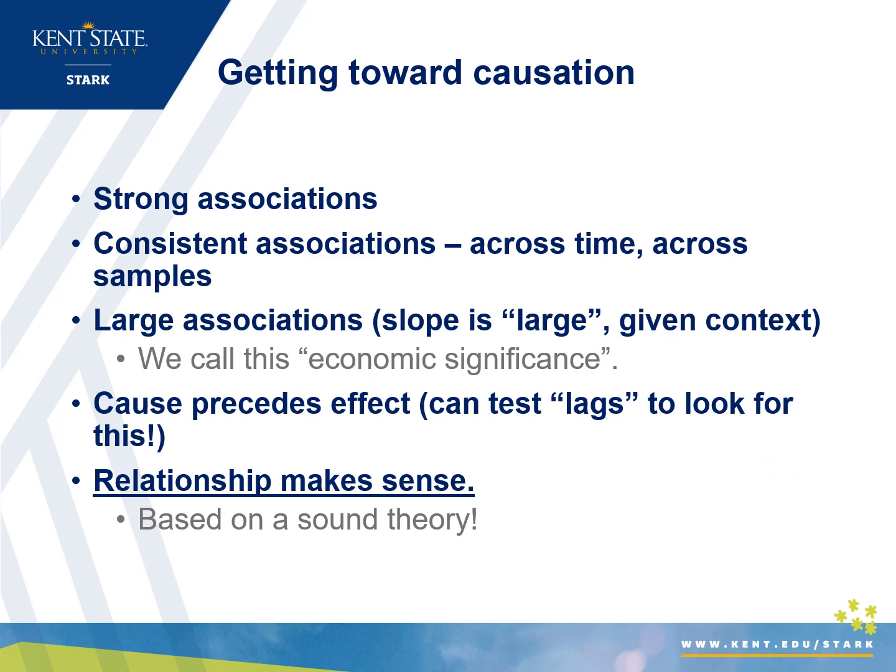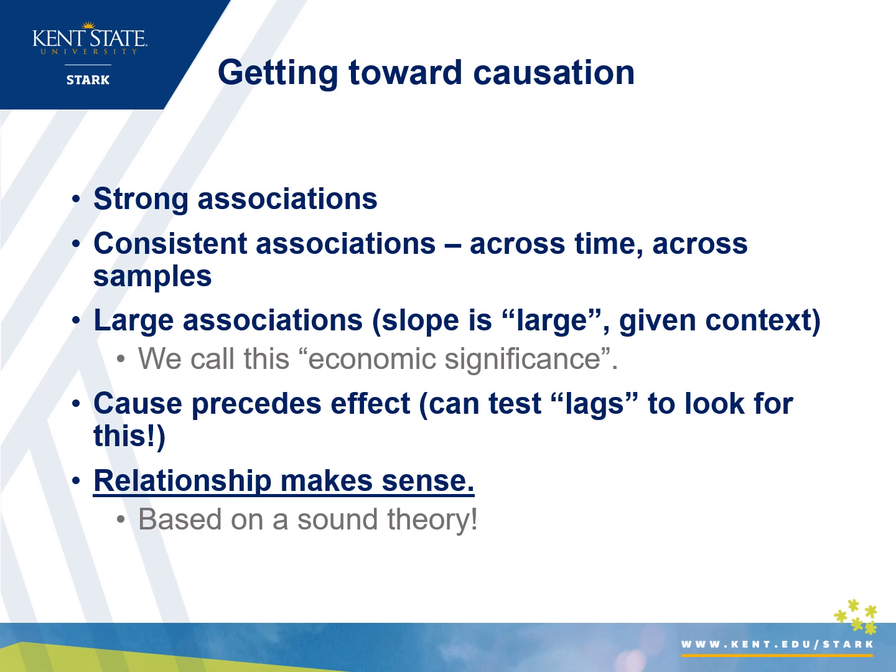So, how do we get toward causation? Here are a few things that can help. One, particularly strong associations are more suggestive than weak ones. Second, if we consistently find a particular association across different contexts, like in different times or different places or in different samples. Third, if the slope is large given the context, we would call this economic significance.